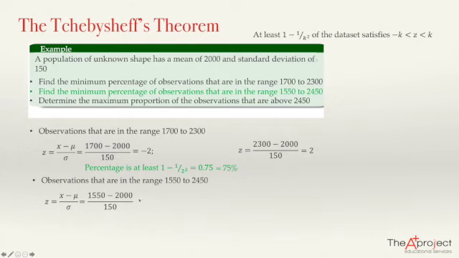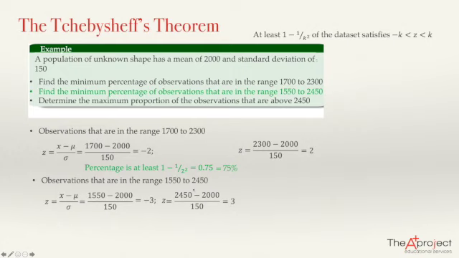Using my calculator, this is -3. The z-value of 2450 is 3, and that's true, because z equals 2450 minus 2000 divided by 150. If I use my calculator, the answer is 3.